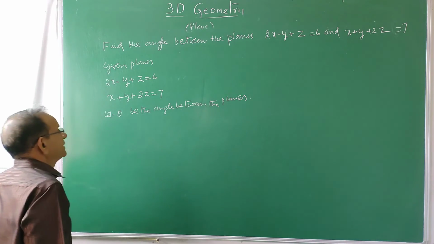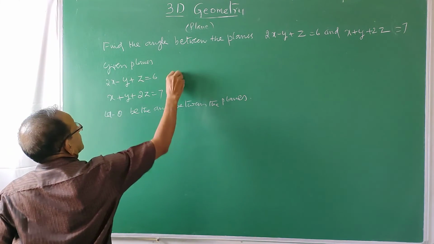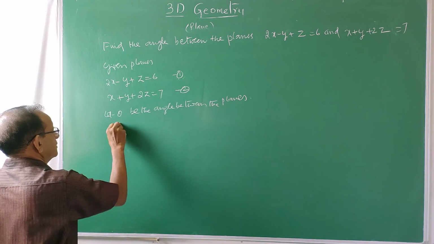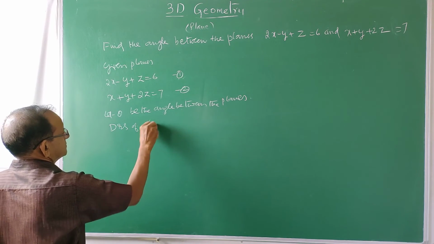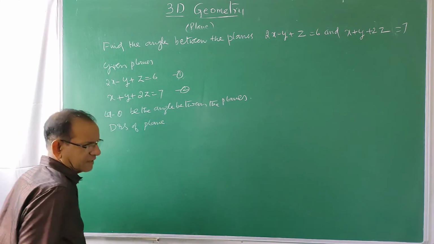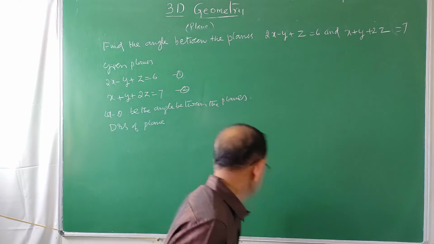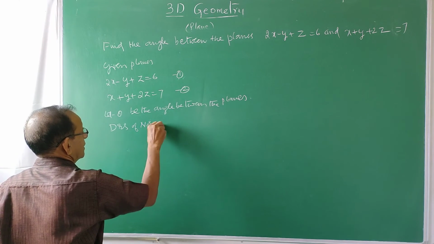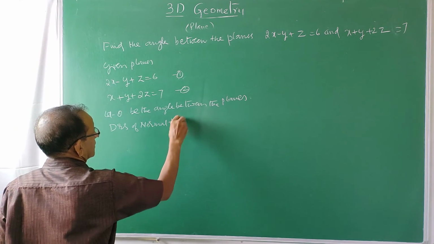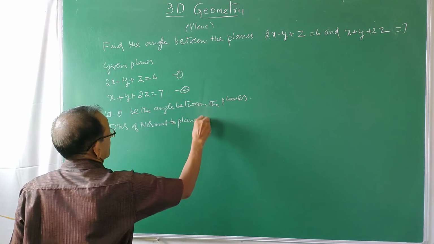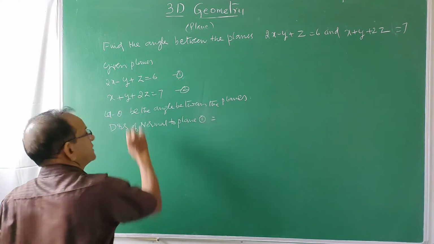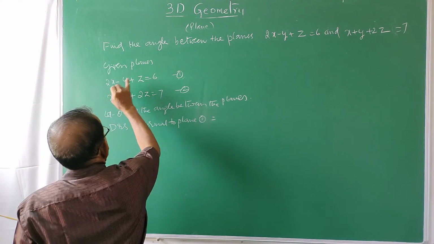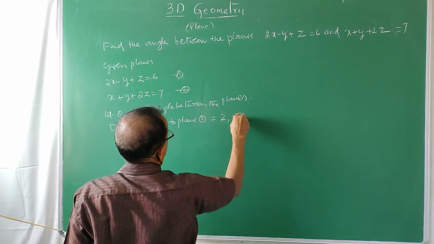First of all, let us take this as plane 1. The DRs of the normal to plane 1 are equal to the coefficients of x, y, z, which are nothing but the DRs of the normal to that plane: 2, -1, 1.